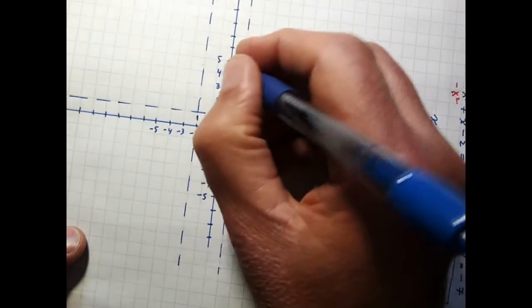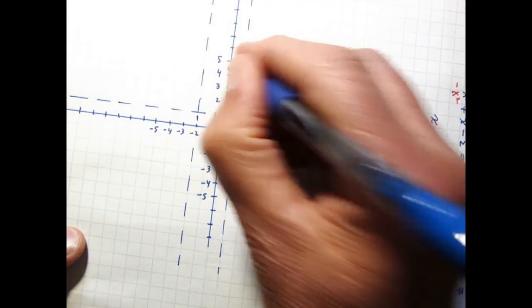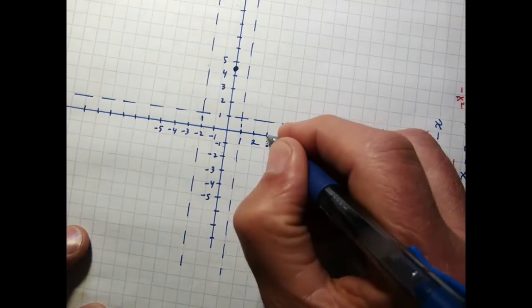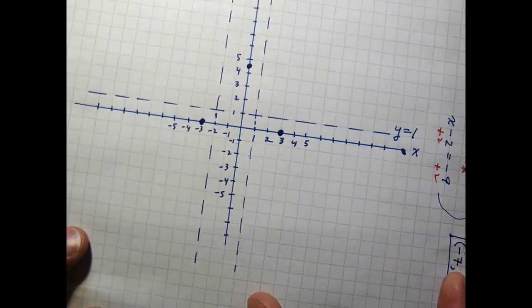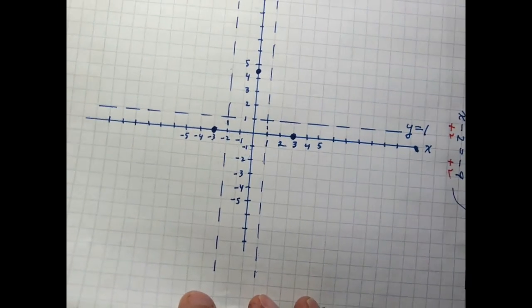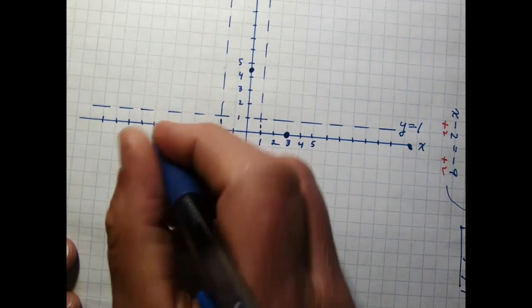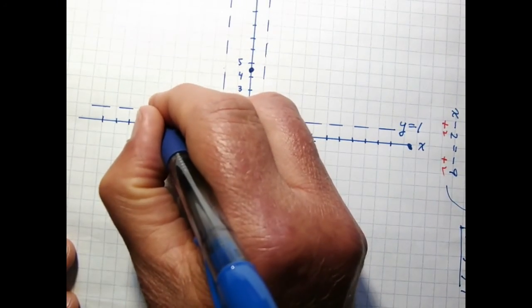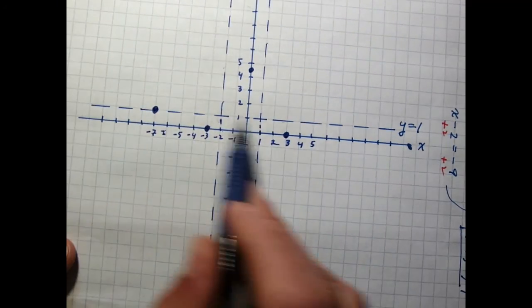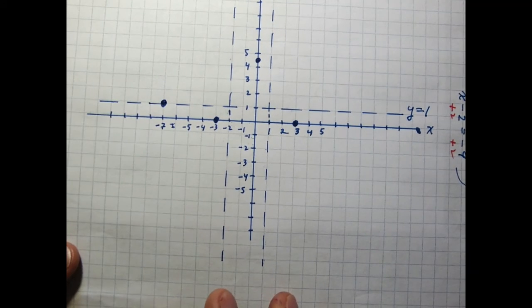We had the y-intercept (0, 4.5), which is going to be right there. We had the x-intercepts (3, 0) and (negative 3, 0). So we have those two points on our graph. And we also have this point where we cross the horizontal asymptote at (negative 7, 1), right there. That's a point on the graph that lies right on the horizontal asymptote.